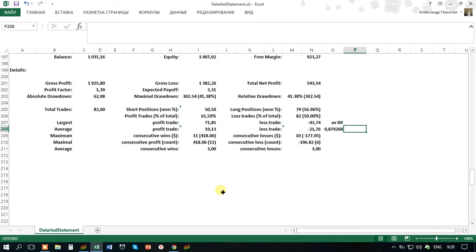So I know the overall accuracy that should be, and I know the overall risk reward for those patterns as well. They are ideal because I have that enormous sample size. And here I have only 82 trades, so that's why I can have slight variations from those results that I had in backtesting.